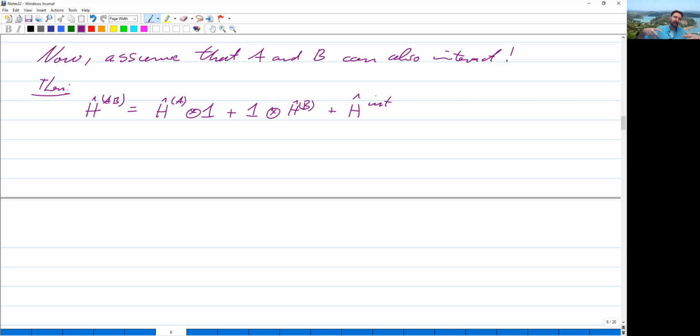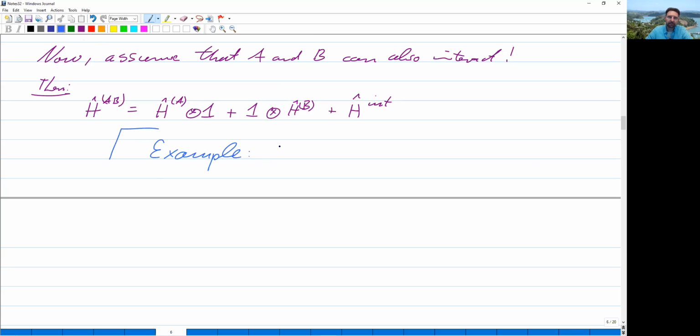Or if they have opposite charges, then you gain energy by bringing them closer. So this is where you would have potential energies that describe forces between the two subsystems. An example for this would be this. We will not be fixated on that example. It's really just to illustrate.